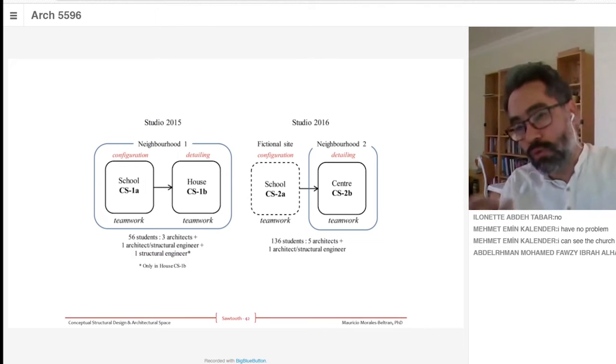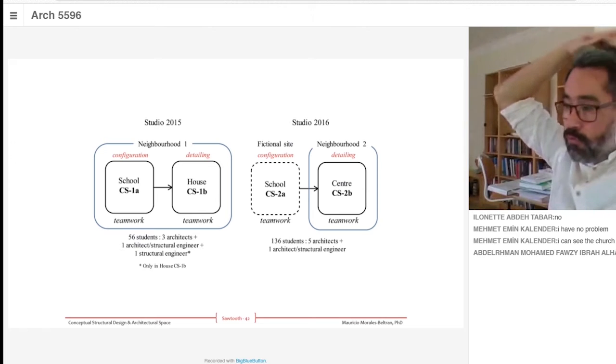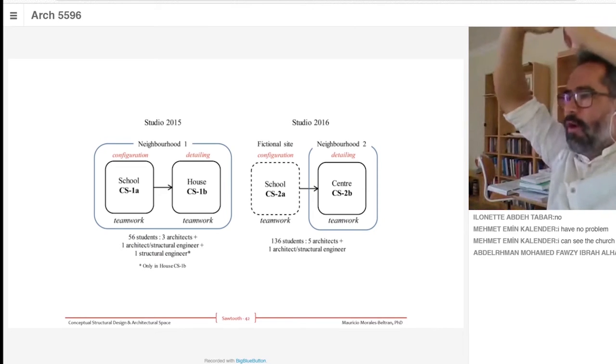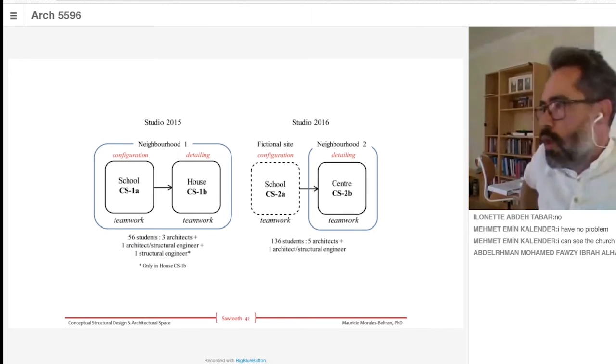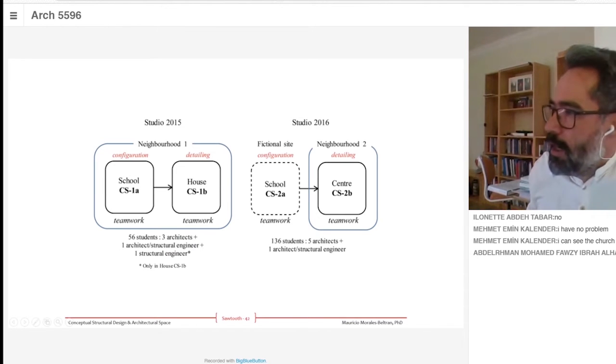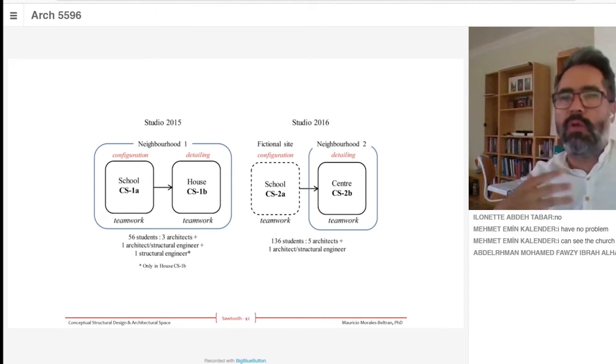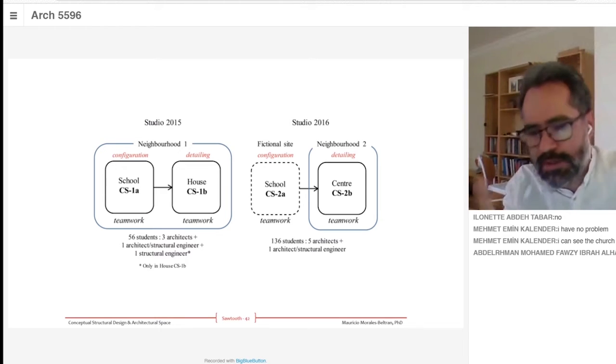So the number went through the roof. So we were 5 architects plus 1 architect slash structural engineer. And then in the second project, the last 7 weeks, we worked in Manisa, and we developed what we call the world cultural centers, educational center, and so on.